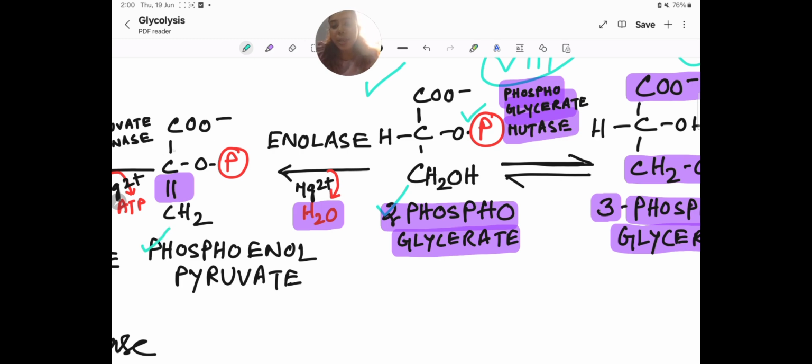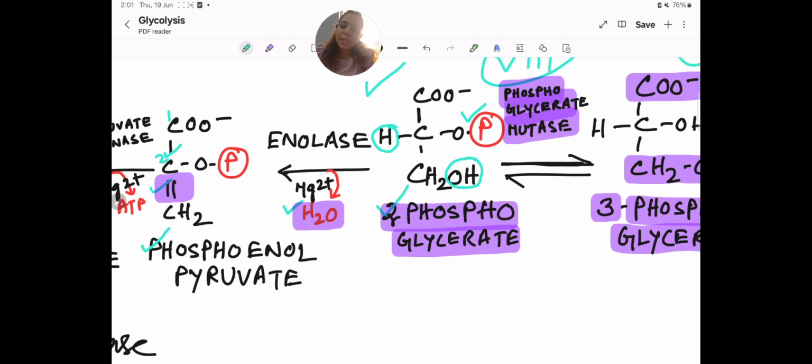The phosphate group is attached to its second carbon, as it was already added in the previous step, right? But what happens here is that only H2O is removed. How do we remove H2O? OH from here and H from this carbon. So H2O is removed, and this will be COO minus on the first carbon, COP on the second carbon, and that is why there is a double bond, CH2.